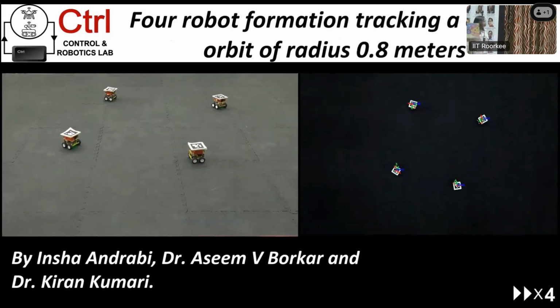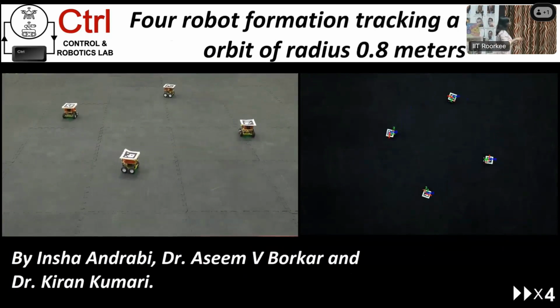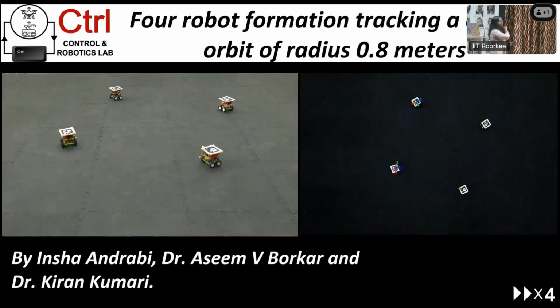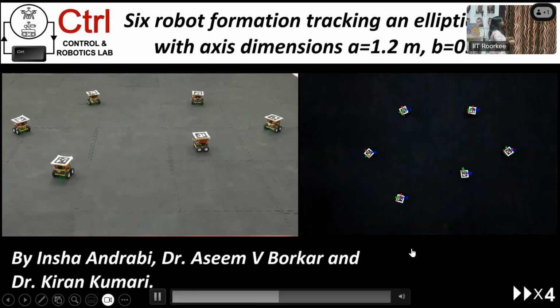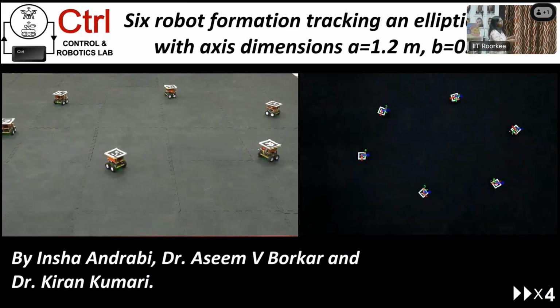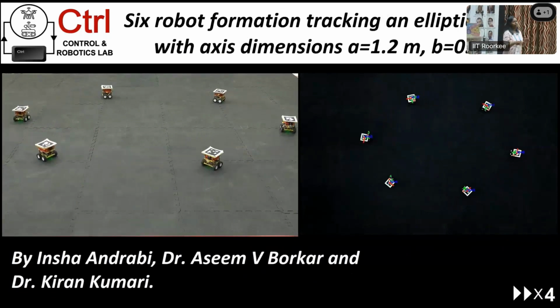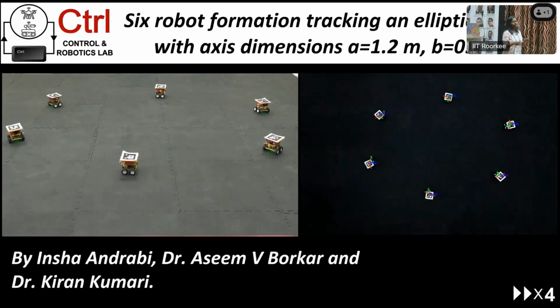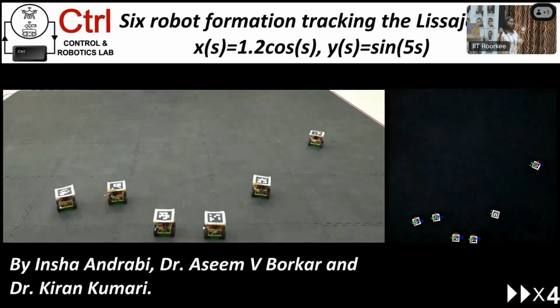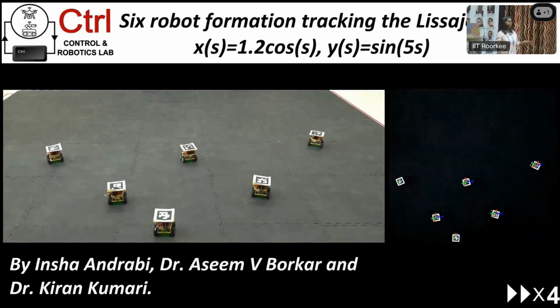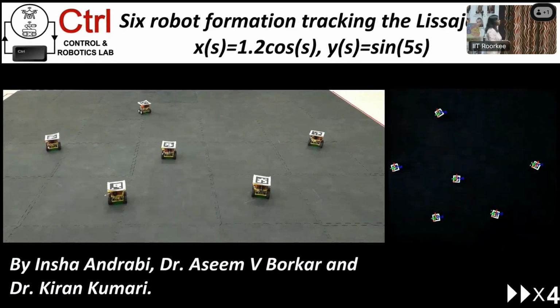And this is the Lissajous curve tracking, which is very similar to the one I had shown using the quadrotor also. Here also, they are able to do obstacle avoidance because we are giving them collision avoidance in the control, but we are putting them in the initial condition so that they don't collide from the starting itself.